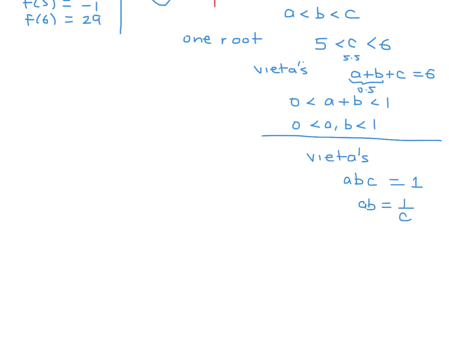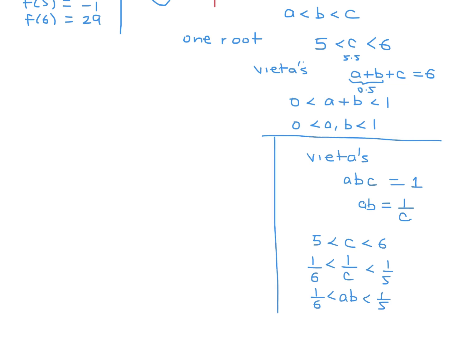And then from this, we concluded that 5 was less than C is less than 6. So that means if you take 1 over C, then it would be between 1 over 5 and 1 over 6 if you do a reciprocal. And 1 over C is equal to AB. So A times B we can conclude is between 1 over 5 and 1 over 6. Okie dokie. So far, no tricks here.